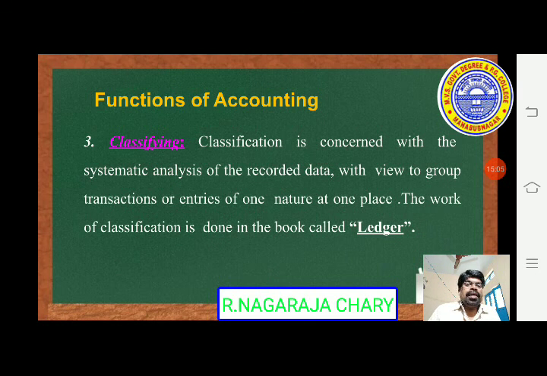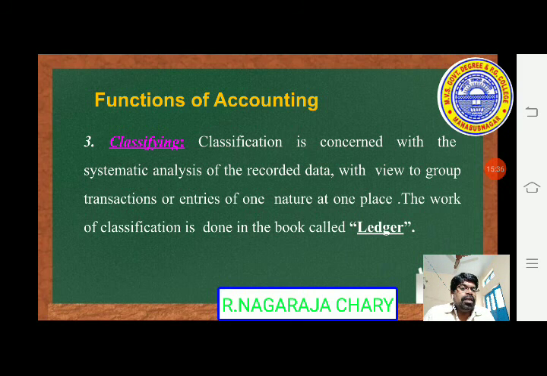Next we see classifying. Classification is concerned with the systematic analysis of the recorded data with a view to group transactions or entries of one nature at one place. The work of classification is done in the book called ledger. Just now we said recording the transactions is a basic function.